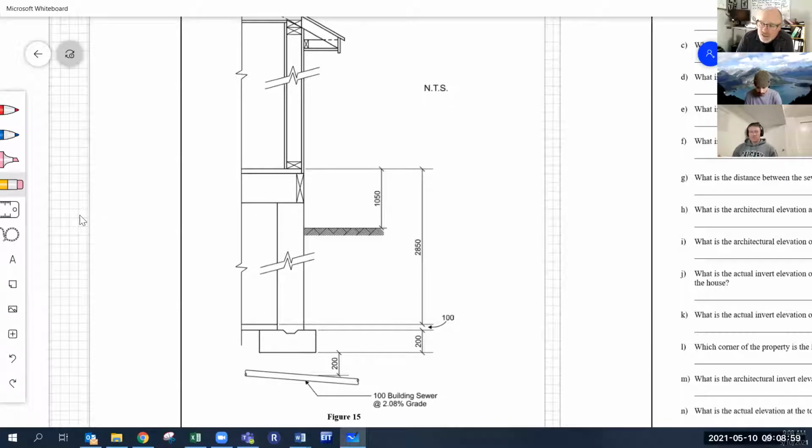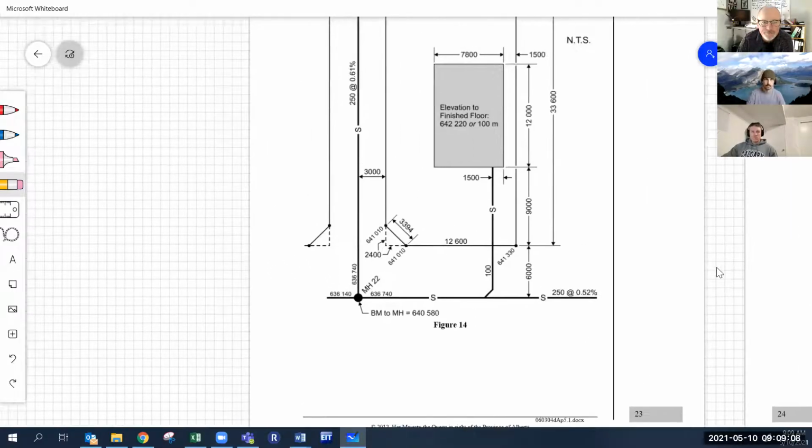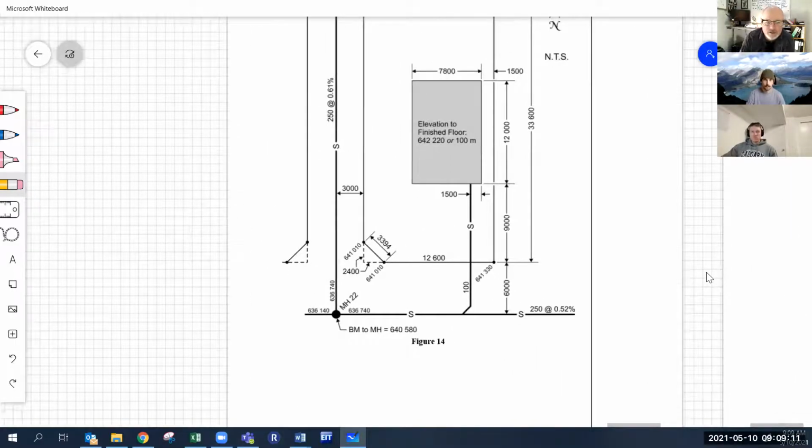The next question says, what is the architectural elevation of the benchmark? So I'm going to go back to my other sheet. So here we have the benchmark down at the bottom, 640,580. And we have a geodetic elevation of the finished floor. So what we do is 642,220.